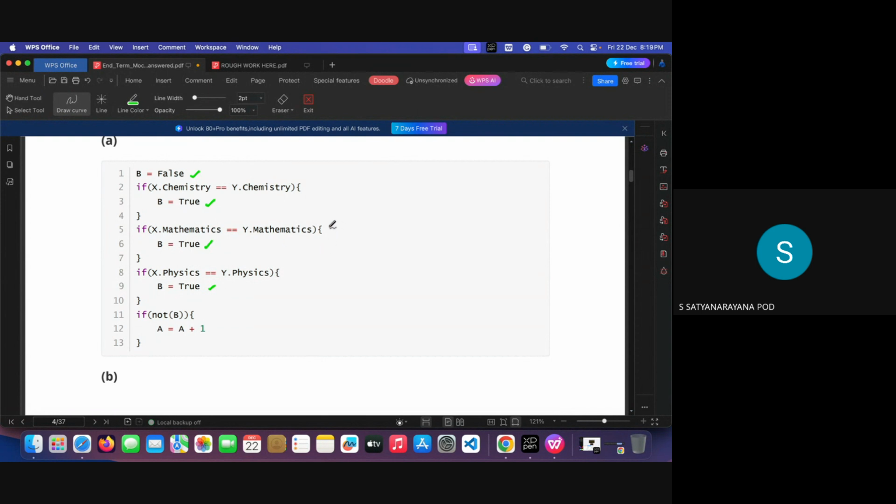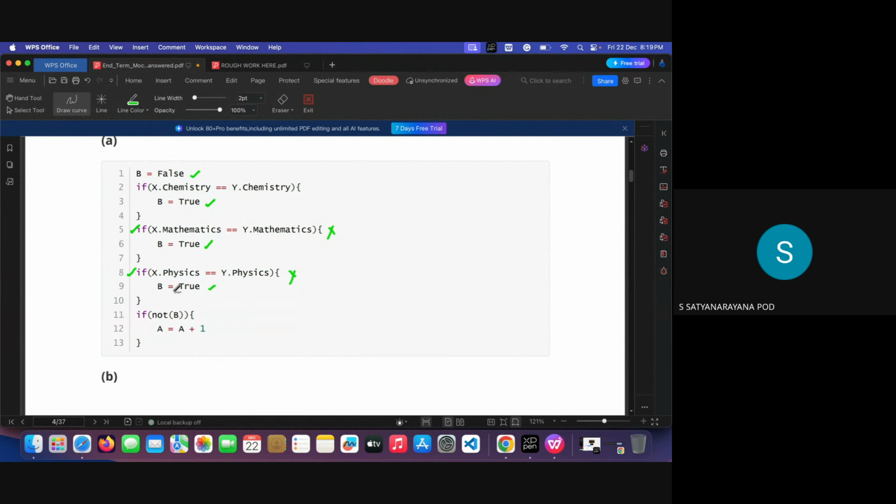You need not check the other two because B has already been set to true by this particular condition itself. B has only one true value. If any one subject is equal, then B is true.